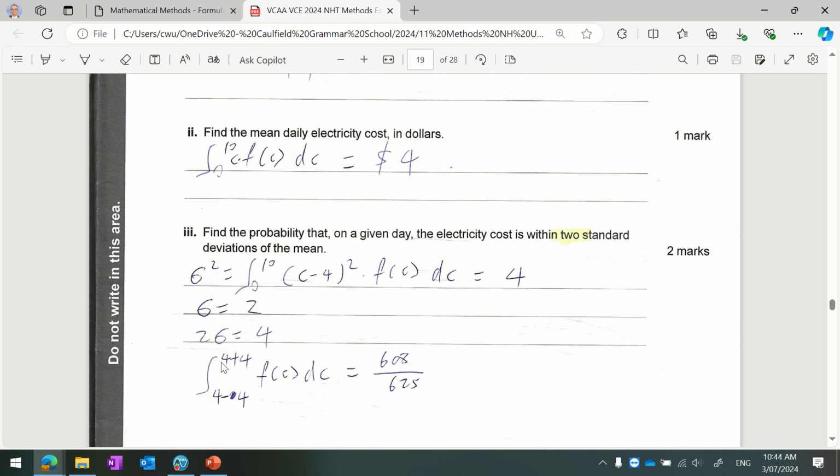And then you start with the mean, which is 4, and you plus 2 standard deviations, which is also 4. And you find the probability. And then you get the answer. This question does not say round to such and such decimal place, so we're just going to leave it as the exact answer, which is an exact value, which is a fraction.